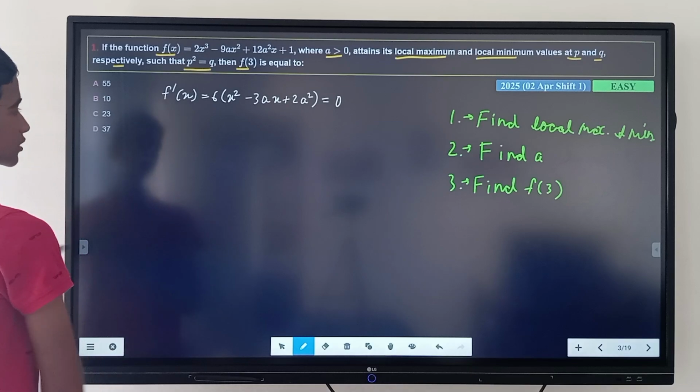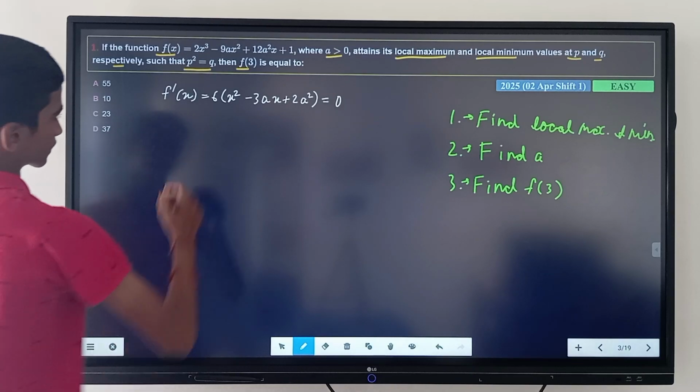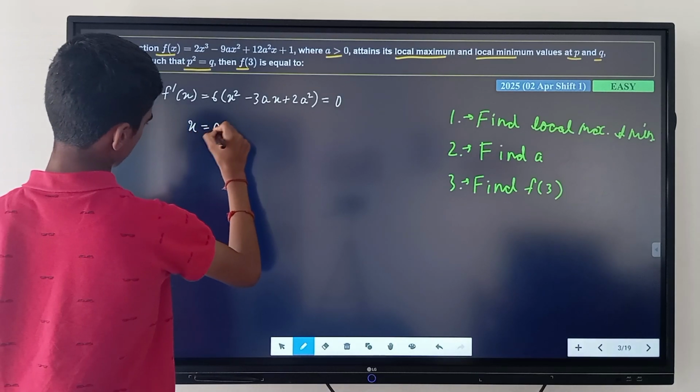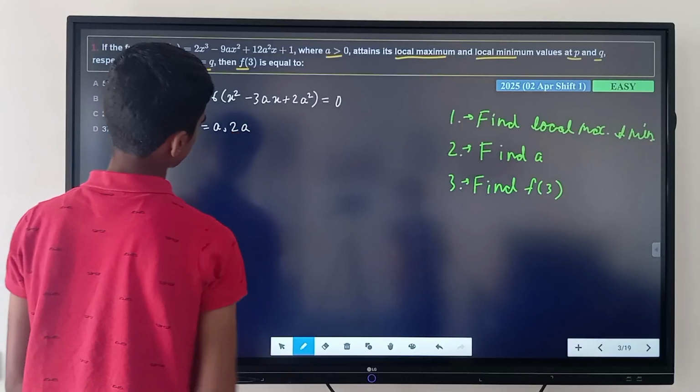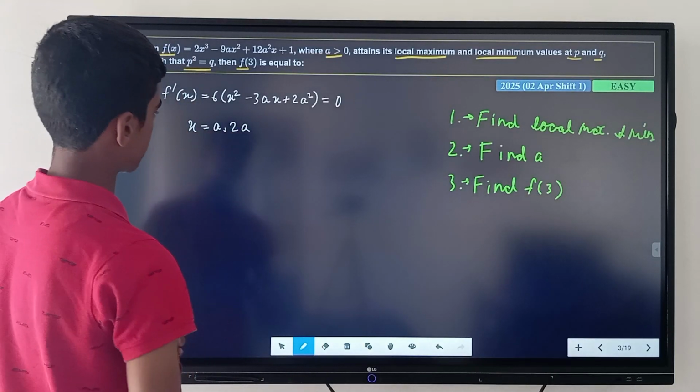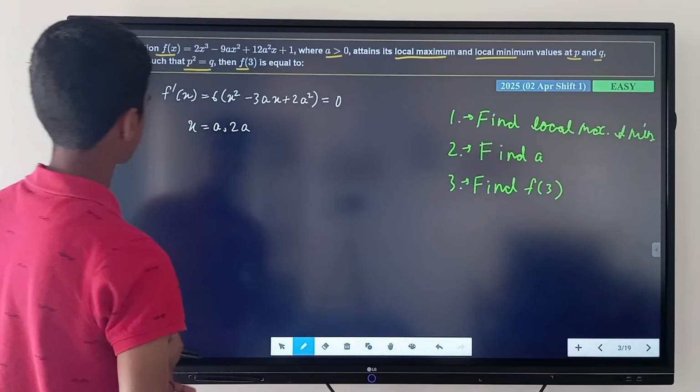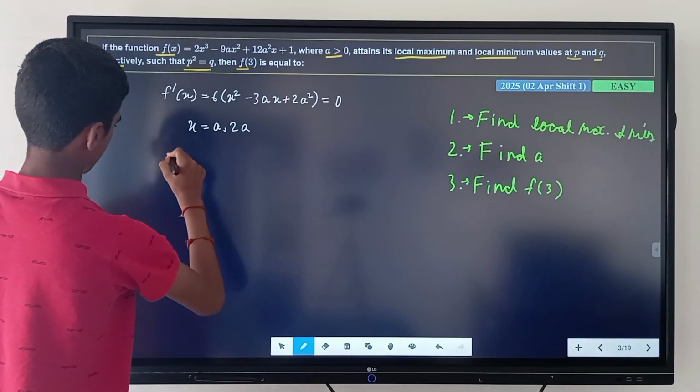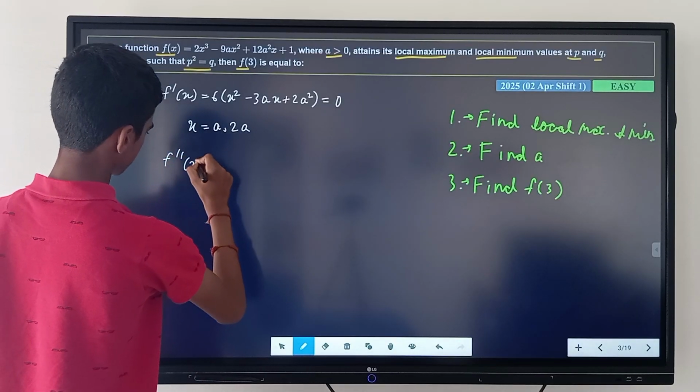Now, on solving this quadratic equation, we will get x is equal to a comma 2a, in which one is local minimum and one is local maximum. To verify that, we are going to use second derivative test.